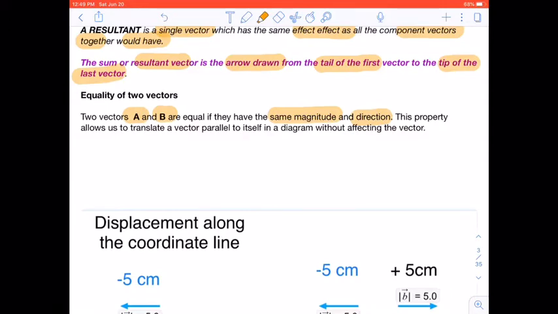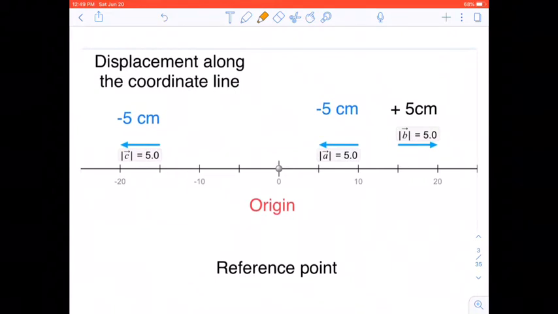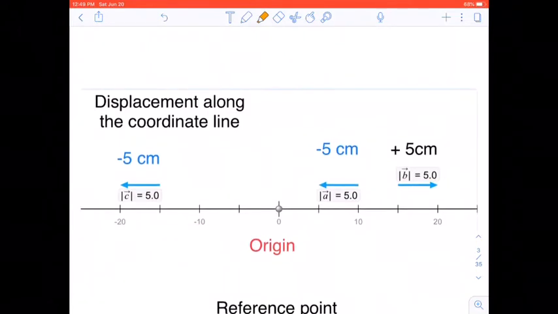Now, let's look at this. Here we see a displacement vector that's shown.